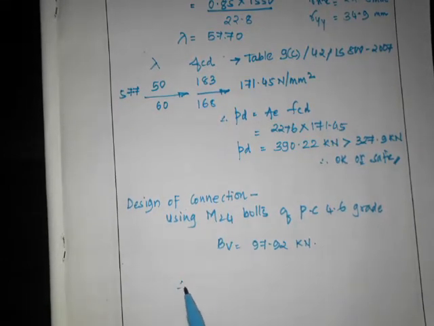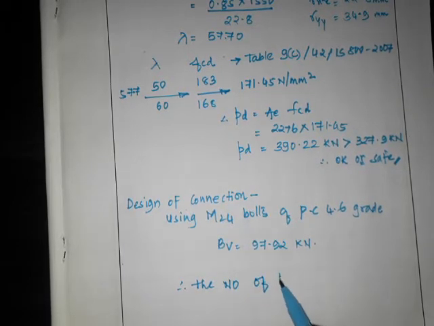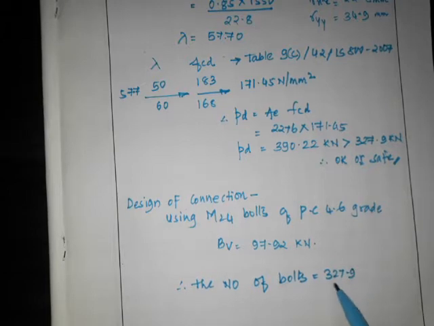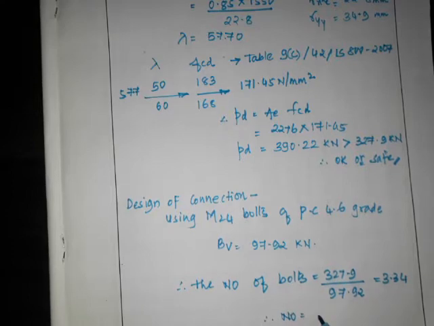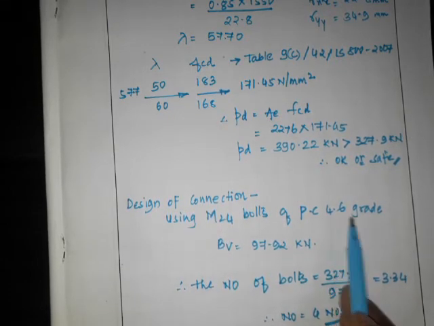Therefore the number of bolts will be 327.9 divided by 97.92, and we got 3.34. So we consider 4 numbers. We have to provide 4 numbers of 24 mm diameter bolts of property class 4.6.